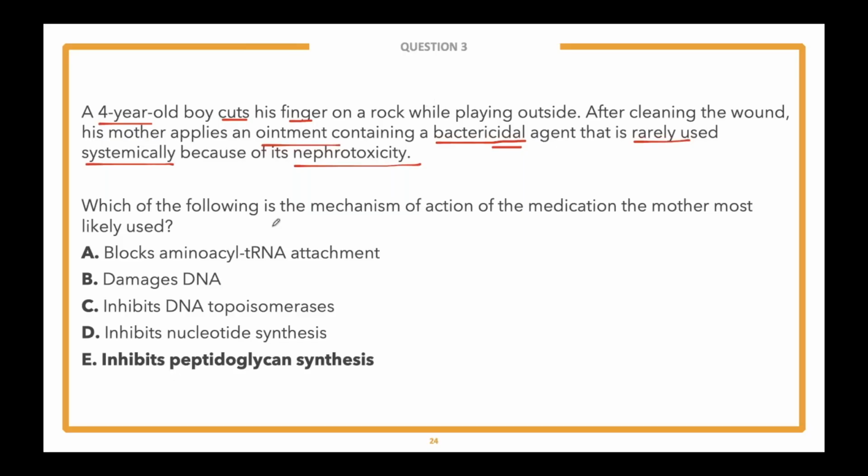All right. So we'll come back and talk about why the other answer choices here are incorrect. Starting with D, inhibits nucleotide synthesis. Nucleotide synthesis is going to be indirectly inhibited by any of our folate inhibitors. Things like TMP-SMX, right, trimethoprim-sulfamethoxazole. And again, it can cause nephrotoxicity like TMP-SMX, but we definitely use it systemically.